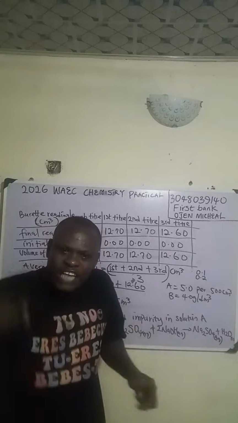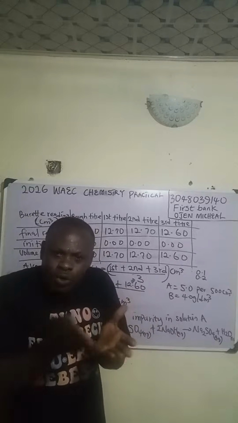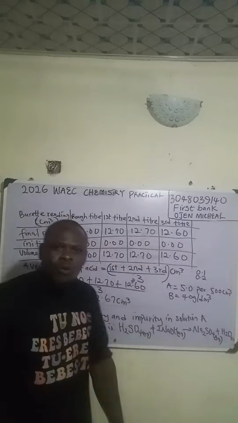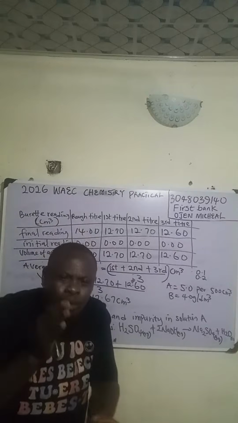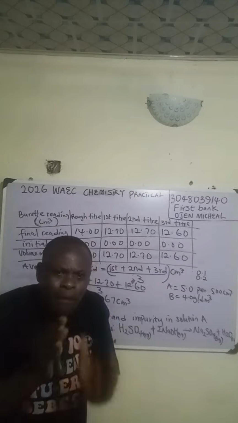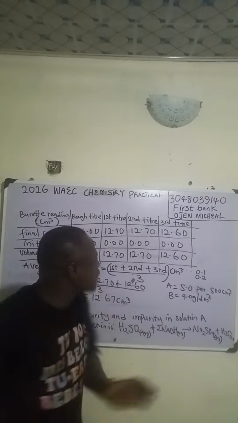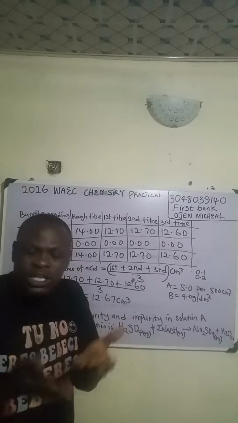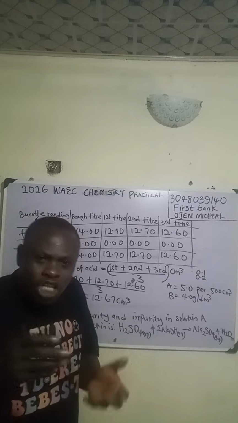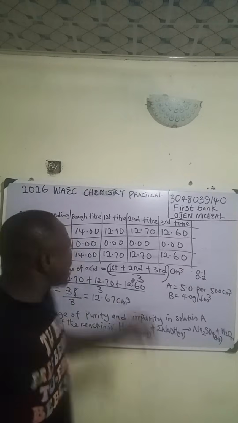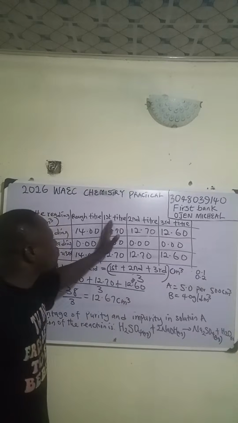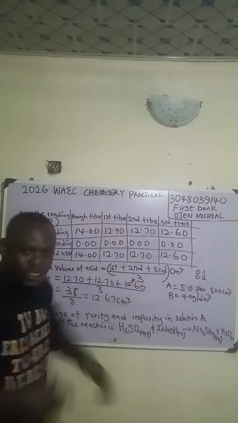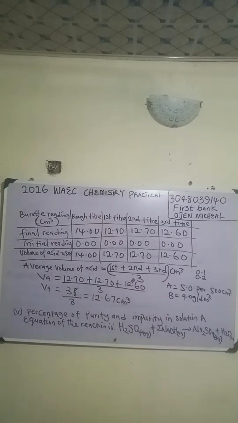That is what is called the rough titer. Say the rough titer is at 14. When I'm titrating again, I have to be very, very careful, in such a way that I don't make mistakes. I have to observe the color change very well. That is why the rough data is always different from the first, second and third. This one is just rough, done without being careful.